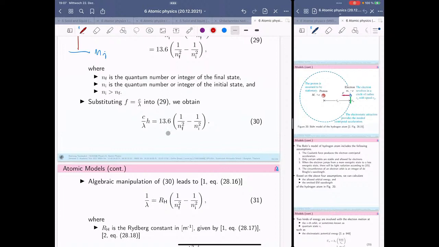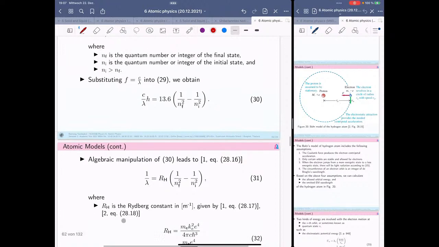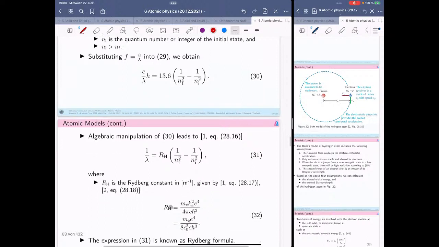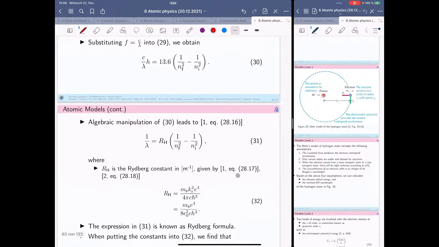That constant is known as the Rydberg constant. This person, if I can remember properly, is a Swedish physicist. The constant has the unit of reciprocal meter.